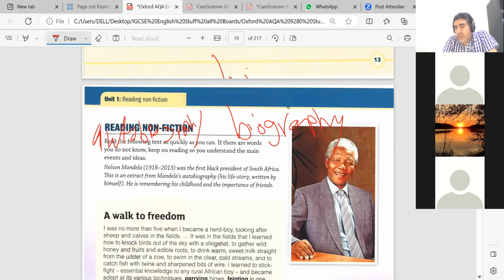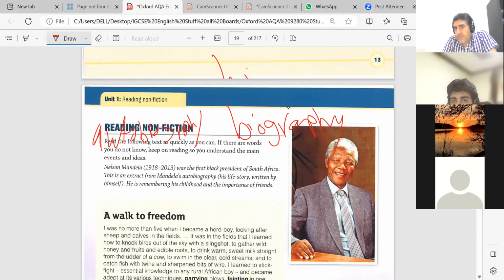What does it mean, non-fiction reading? What does it mean, Akram? Imagination. Again, real, please. Not real. Non-fiction reading. Imaginative, not real. Is Akram right, ya Muhammad?